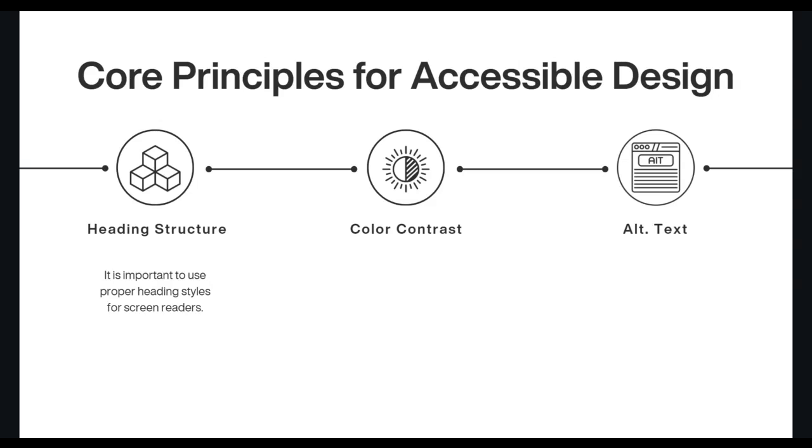You want to designate it as a title, because font size doesn't do much for the screen reader. It's just going to read it as what is designated. If you just have it as body text or paragraph and increase the font, that's not enough. You have to designate it as a title.